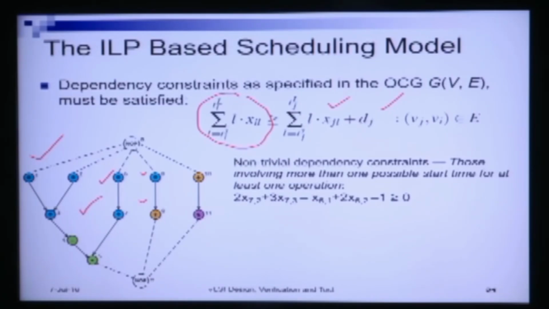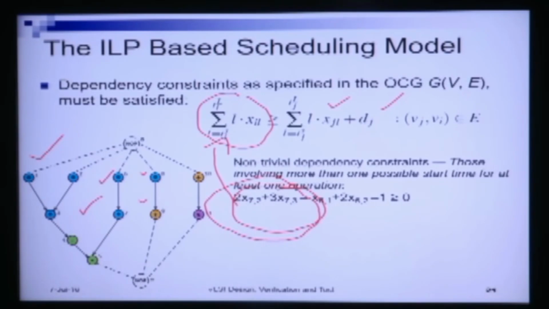For example, as we said, there is a constraint between operation 7 and operation 6. So, how are we representing that? This part is this one here. Summation l into x_il. Here we are saying that the 7th operation, i equals 7, and time steps are 2 and 3, l equals 2 and 3.